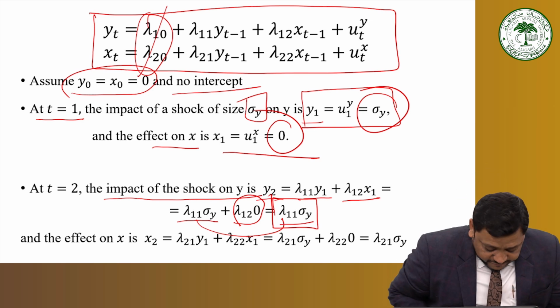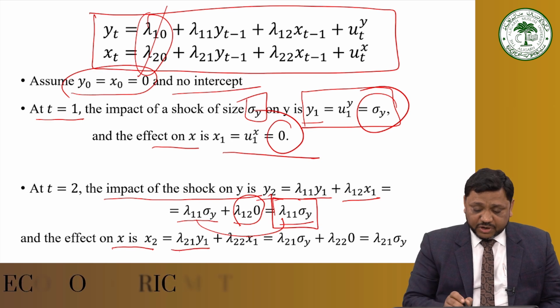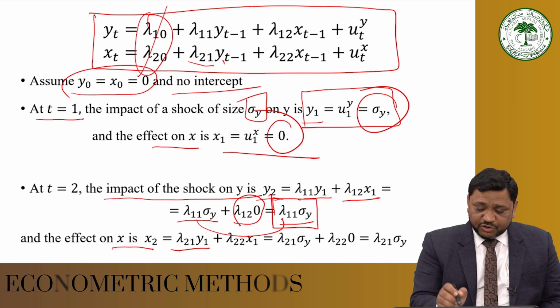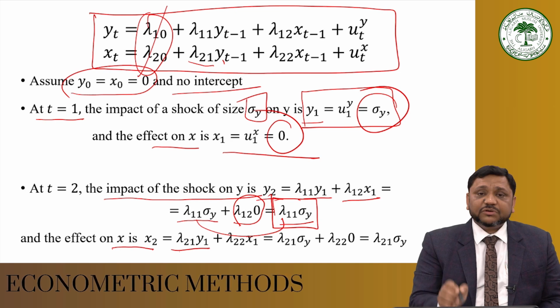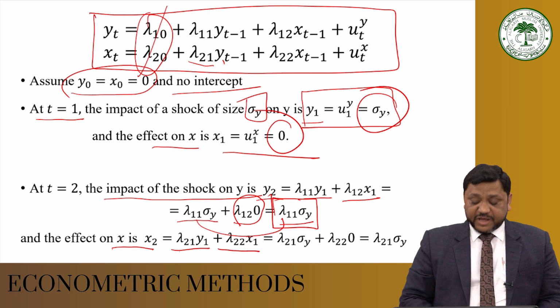Similarly, the effect on x2 is equal to lambda 21 y1 plus lambda 22 x1.